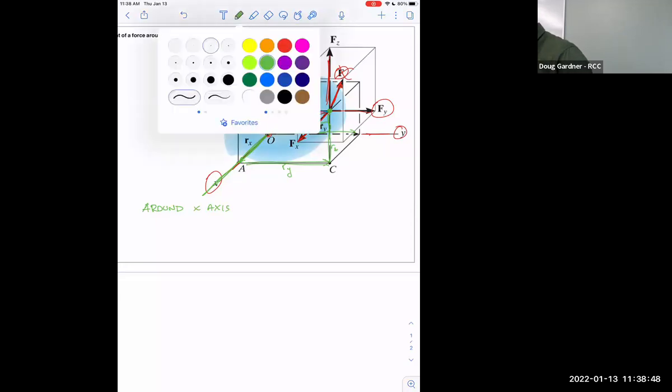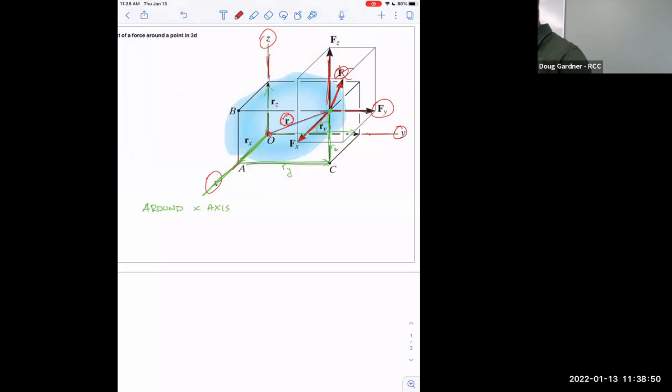And by the way, right-hand rule, if we're rotating around x, then that's positive. You see that? So I'm going to draw that in there. If I went around that way, that would be positive around x. So can you see up here that force X, because it's parallel to that, isn't causing anything to rotate around it? But let's look at force Y.